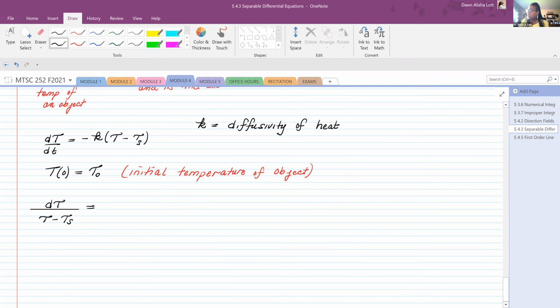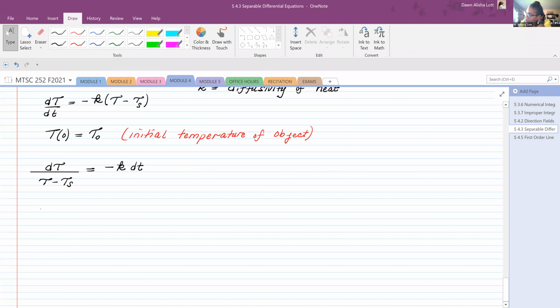I moved T minus TS to the denominator, so on the left-hand side I have only capital T's, and on the right-hand side only small t's, which is time. Integrate: the log of the absolute value of T minus TS is equal to minus K times t plus a constant.